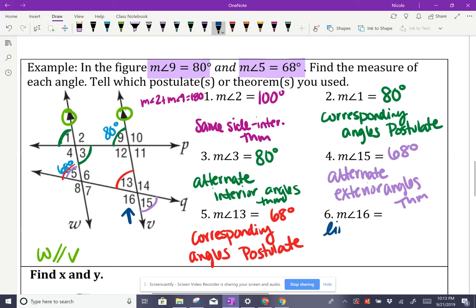So we can say, by the linear pair theorem, we know the measure of angle 16 plus the measure of angle 13 equals 180. Because they're supplementary. And since 13 is 68, we just subtract that from 180. And that's going to give us 112 degrees. Alrighty.